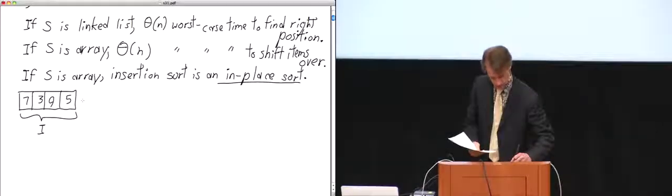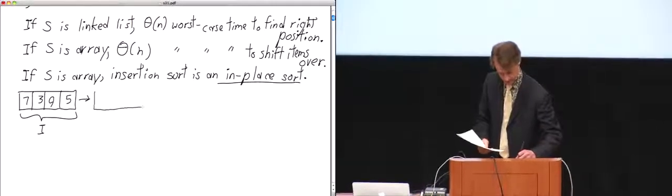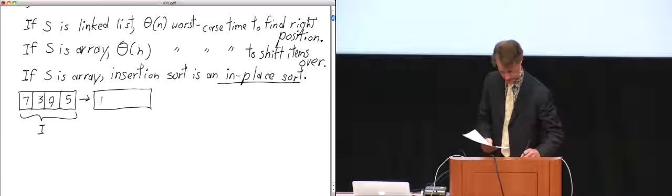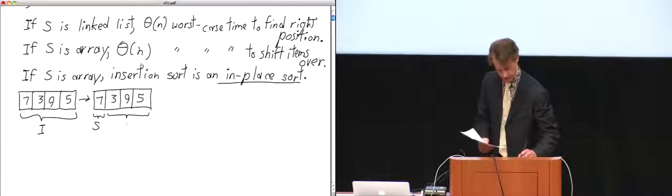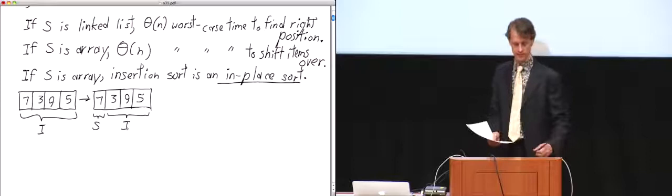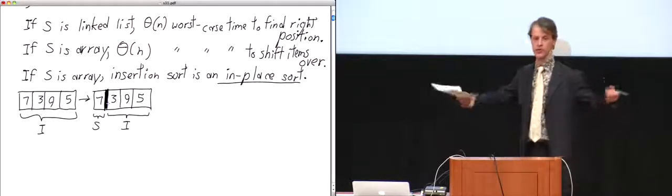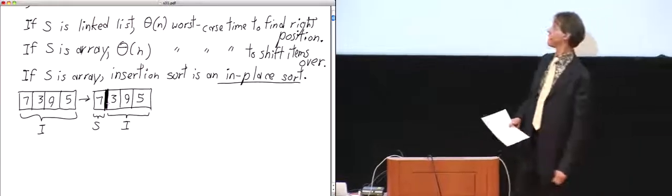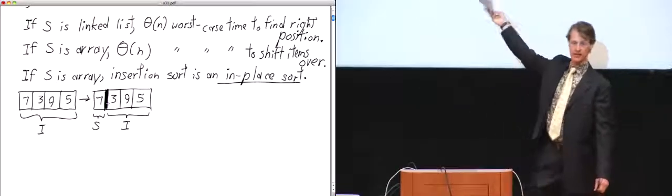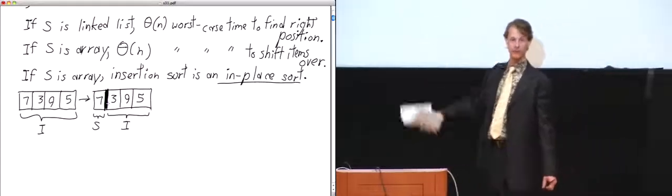So we go to a state where we now think of this array as being divided into two separate pieces, with the first part being the sorted part and the second part being the unsorted part. So there's an imaginary line here between them, which is really a loop index, but you pretend that this is two separate arrays, even though it's only one.